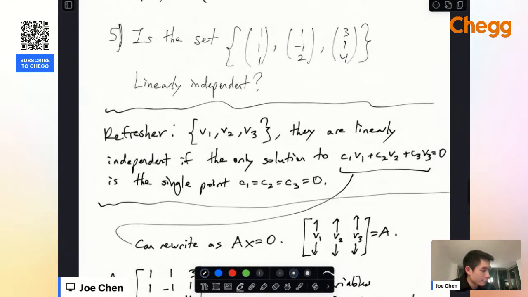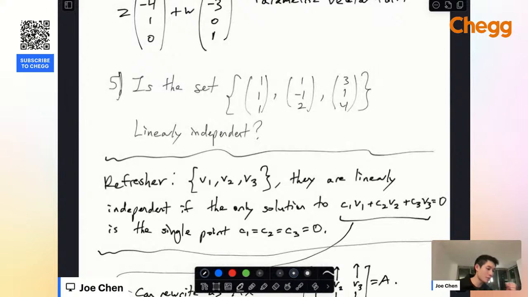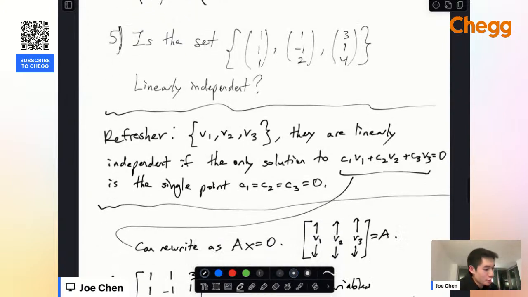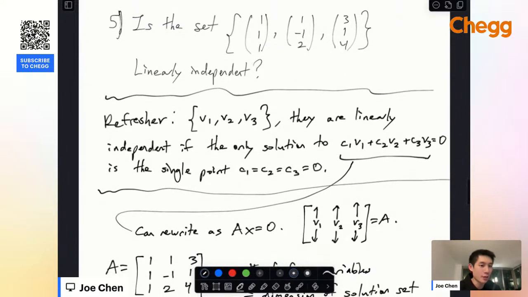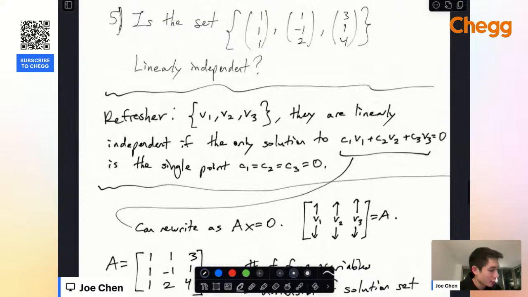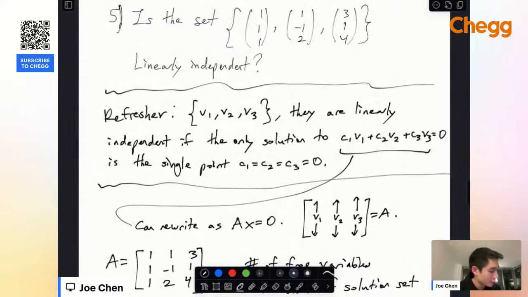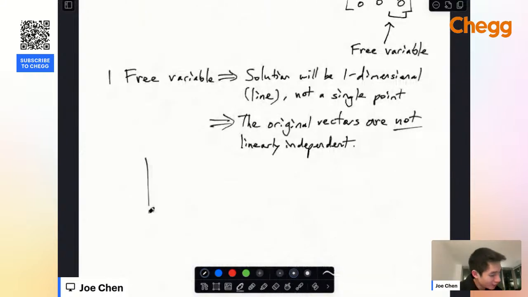I wonder if you can see this by graphing it, because there's also a geometric interpretation of the meaning of linear independence, or the lack thereof. But it's a little hard to draw things in 3D.